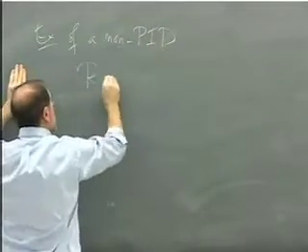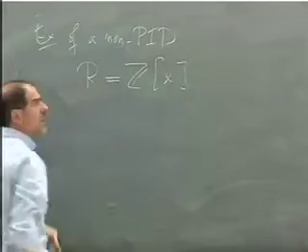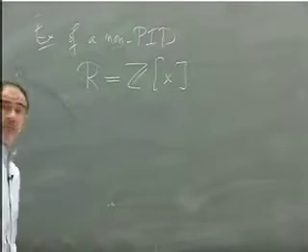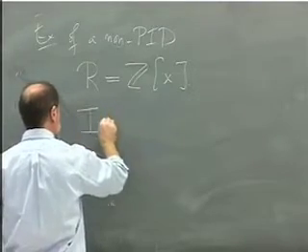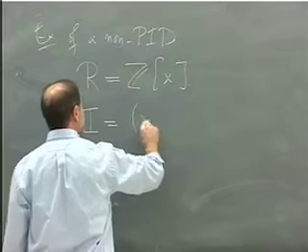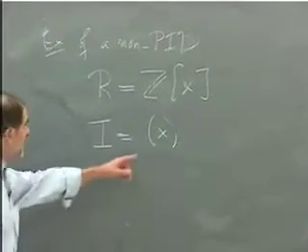Then we take the ring R to be polynomials in a variable over the integers. Now, take the ideal I to be the principal ideal generated by X. Now, this is a prime element.